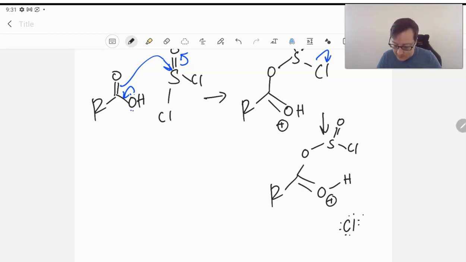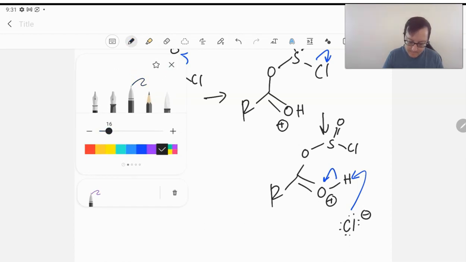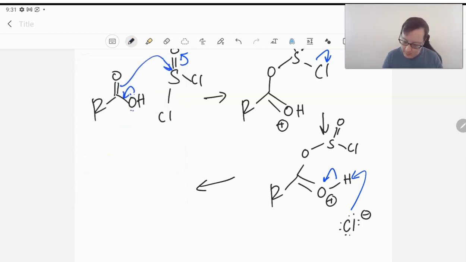So this is one of the few circumstances where we ever use chloride as a base. Chloride is a crappy base, but a protonated carbonyl is a pretty strong acid. So it's okay, we're allowed to do that here. So go ahead, deprotonate. We're going to lose our HCl.